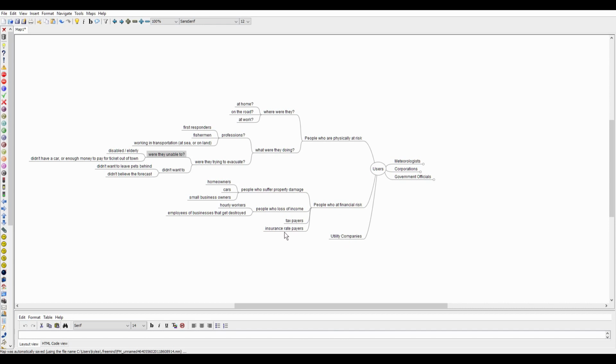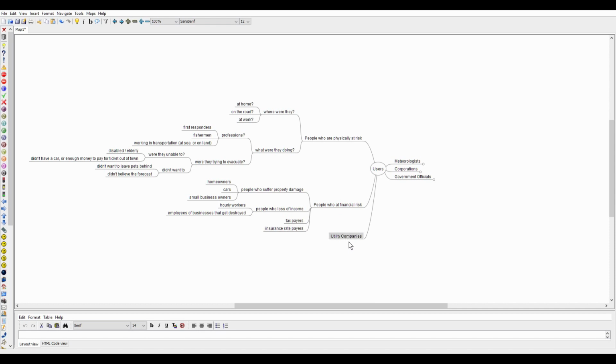So when I think of insurance ratepayers, I should note here that I'm really thinking of the insurance companies as being a potential user. So I don't have that explicitly named here, but the point of this exercise is to make you think of groups that would be good potential users for this system.